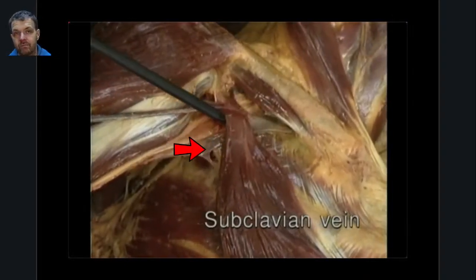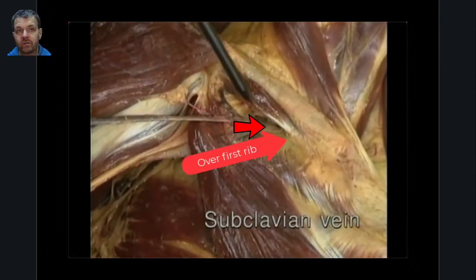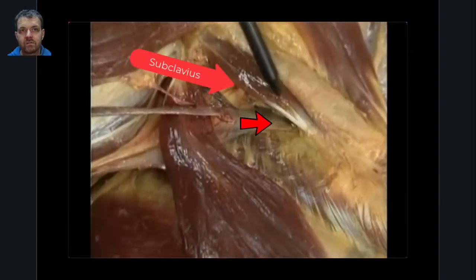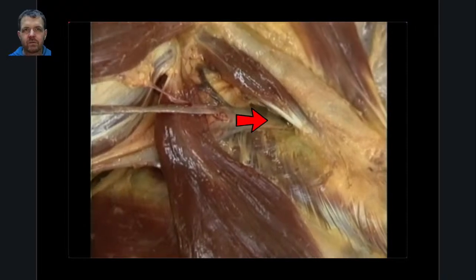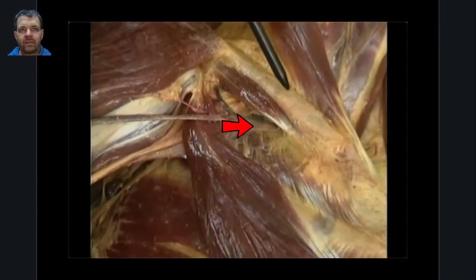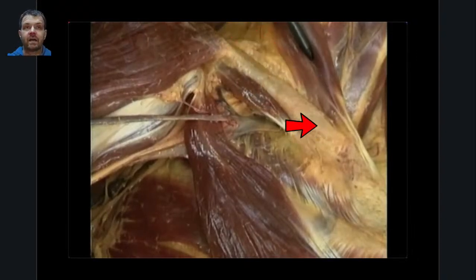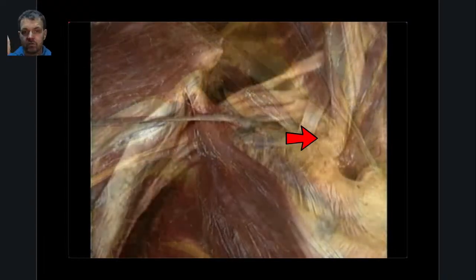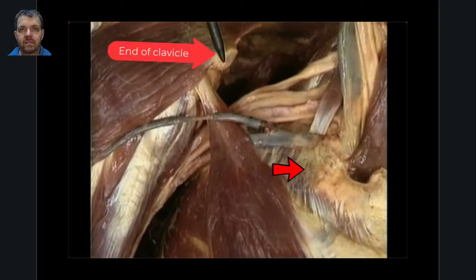So joining up with all different veins coming from different areas, going over the first rib. There's your subclavius muscle. See how close it is to the top of the thorax. And then that will drop down into the aperture at the top of the rib cage to join up with the superior vena cava, going back to the heart.